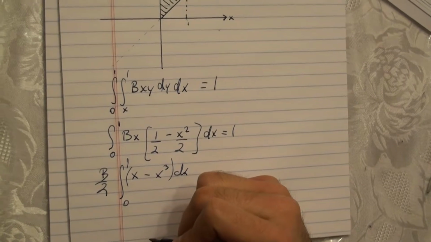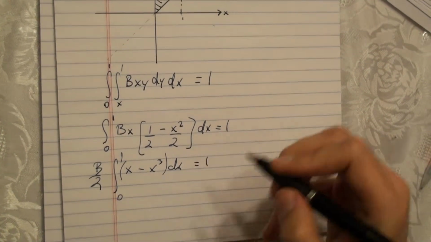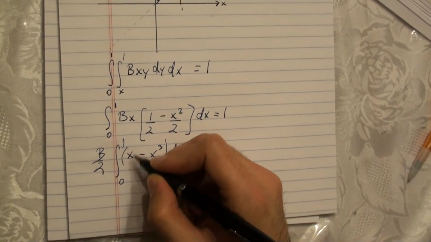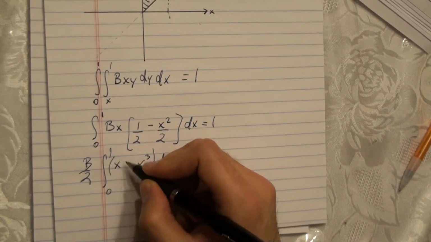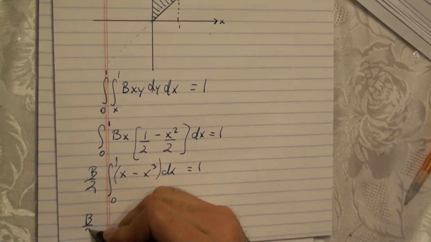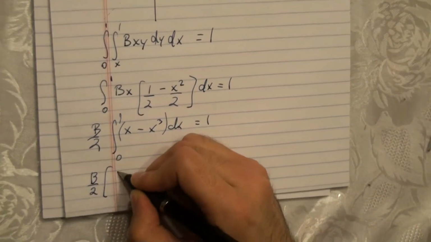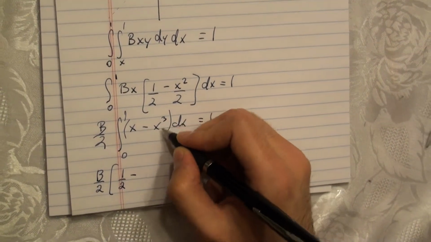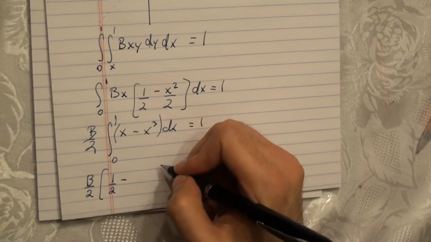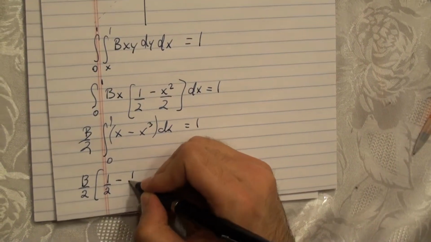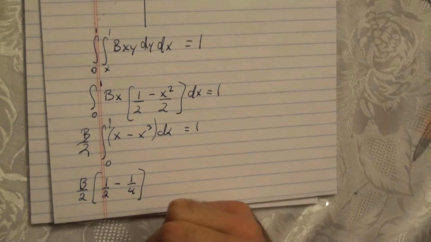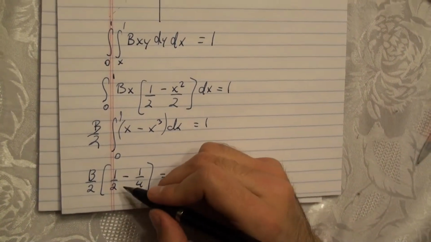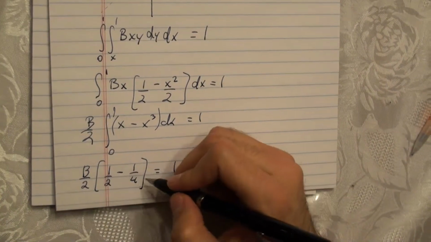Now this has to be equal to 1. This is going to be x squared over 2, evaluated from 0 to 1, so first we have the constant here. This guy gives me 1/2 minus the integral of x cubed, which is x to the 4th over 4, evaluated from 0 to 1, so it's just 1/4. And this is supposed to equal 1.